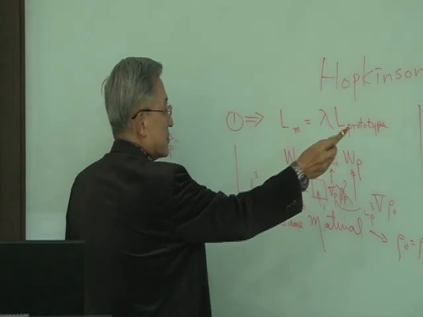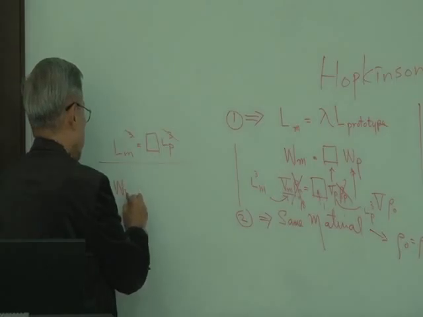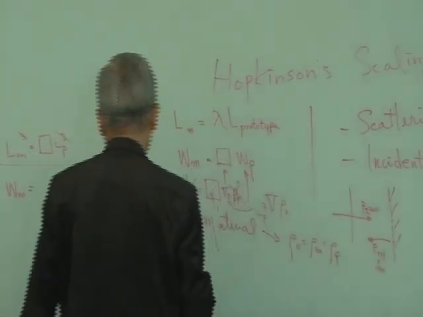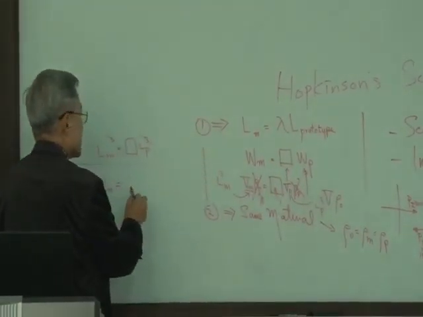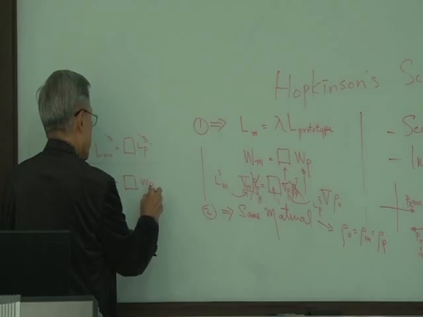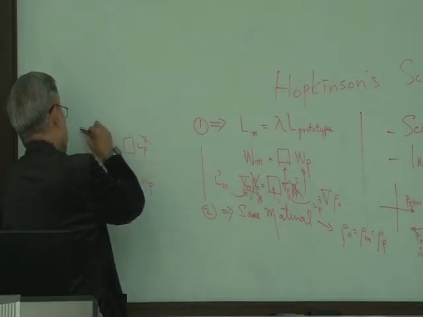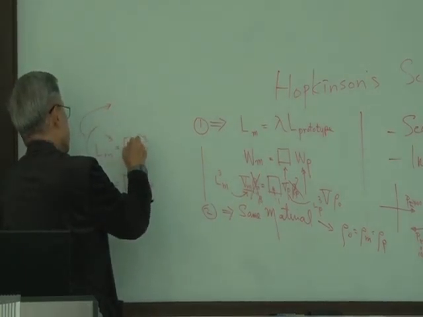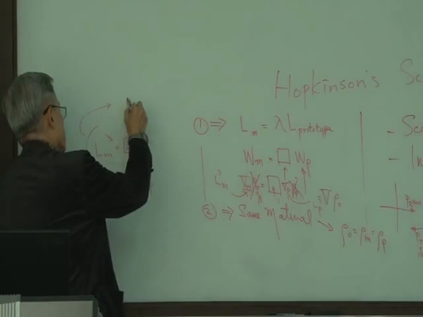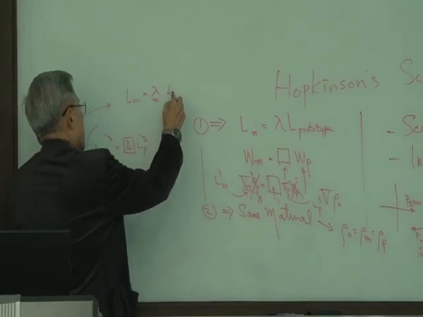But going back to get the same idea, Wm is equal to the scale factor times Wp. Now this guy becomes this, let's say lambda. So Lm is equal to lambda times Lp.